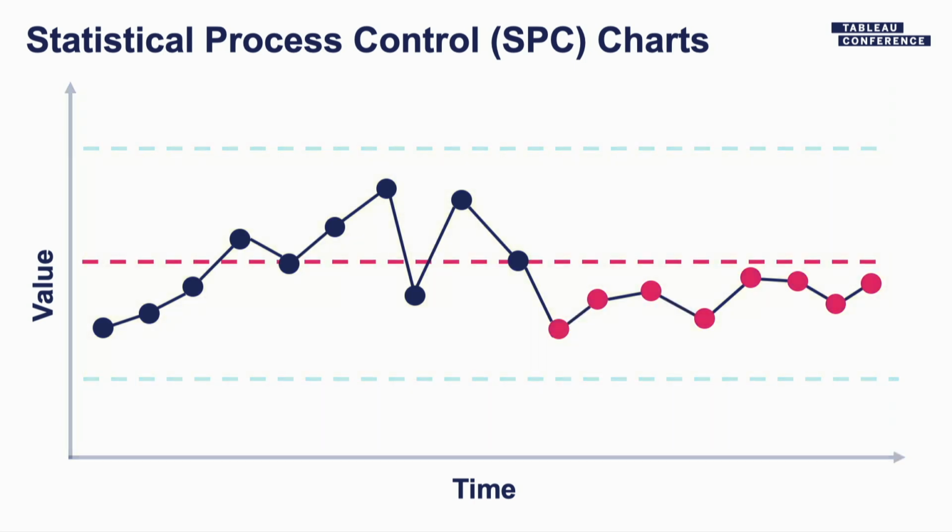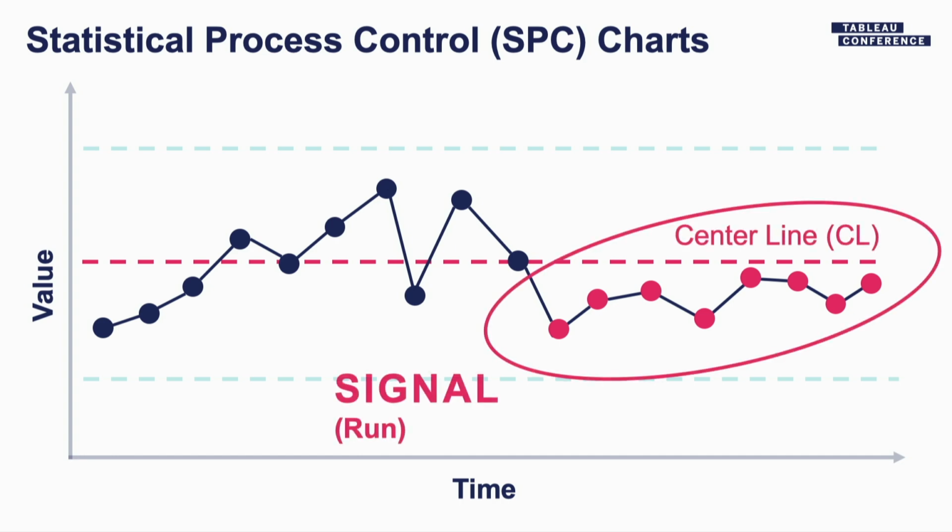Instead, we have a different signal, and if we look at the last few data points in red again, what we can see here is something that we call a run. So every data point is below that center line. It's below the average. And similarly, it could be above the average, and it would be a run as well. And so what we want to indicate here is that, again, something significant is happening.